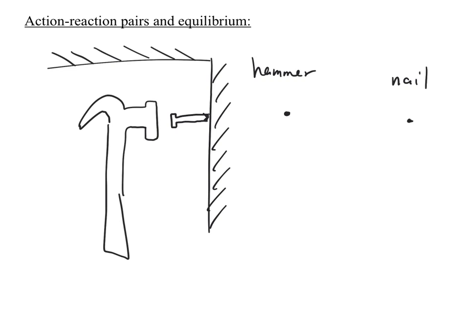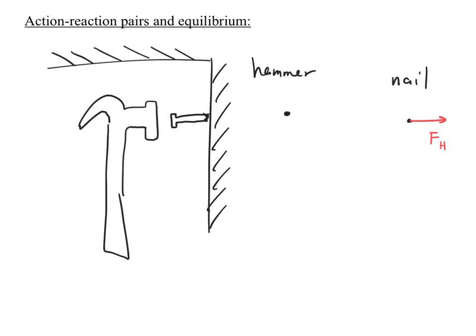First, the nail physically feels a force from the hammer that's acting on the nail itself. That force is directing it into the wall. So this is a force, I'm going to say just FH for now, the force of the hammer. I don't want to get into too much nitty-gritty, just the force of the hammer.